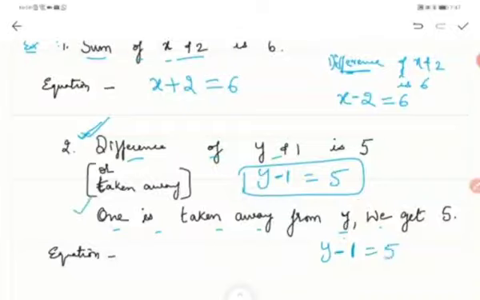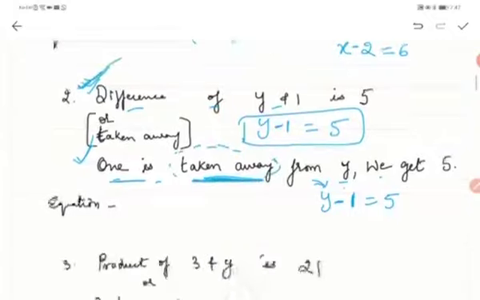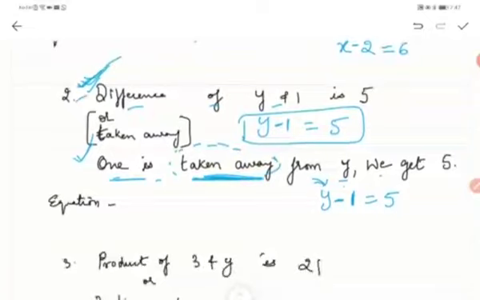So these two are actually the same, but with different terms, okay? They are using taken away instead of difference. So the equation for both will be y minus 1 is equal to 5.